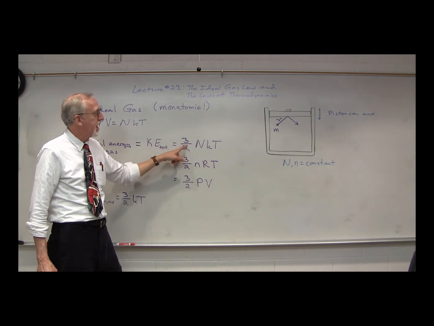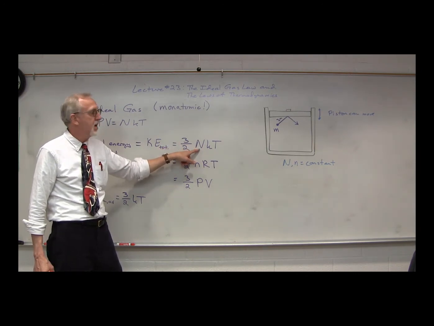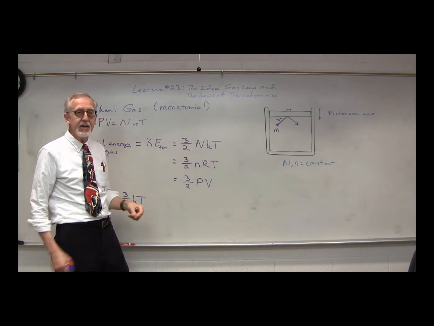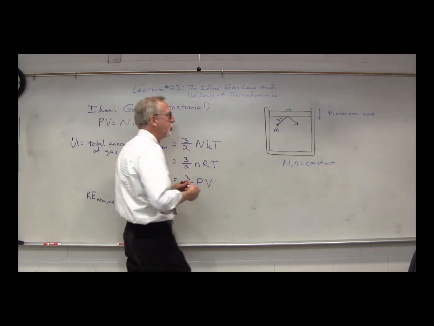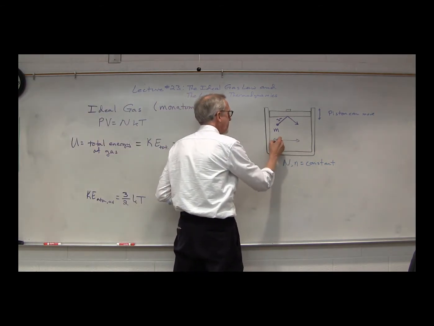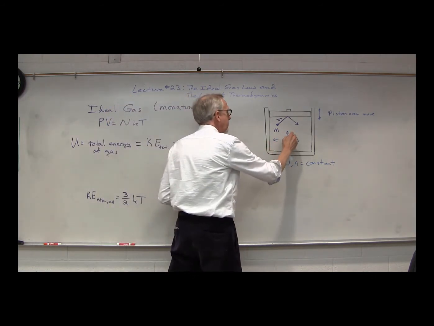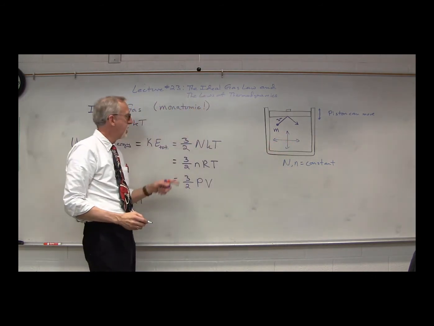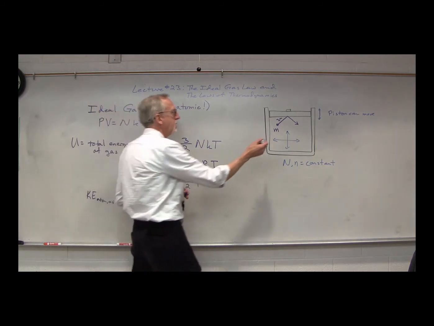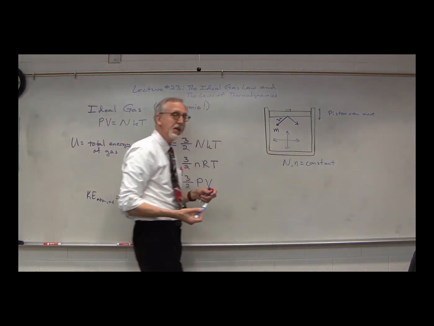It turns out that 1/2 nkT comes from motion in the x direction, 1/2 nkT comes from motion in the y direction, and 1/2 nkT comes from motion in the z direction.